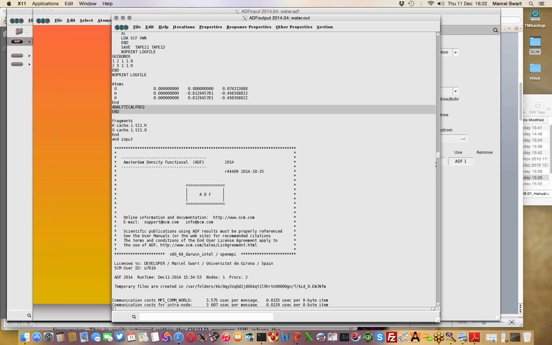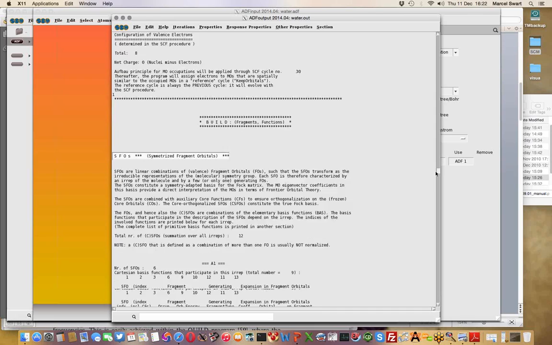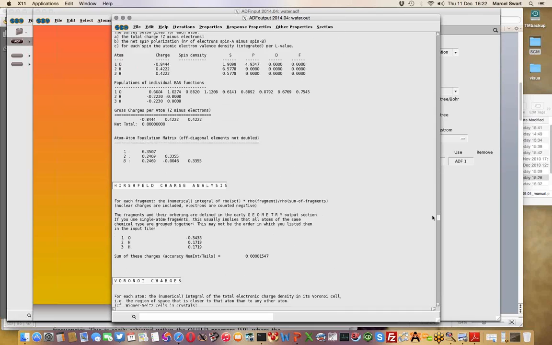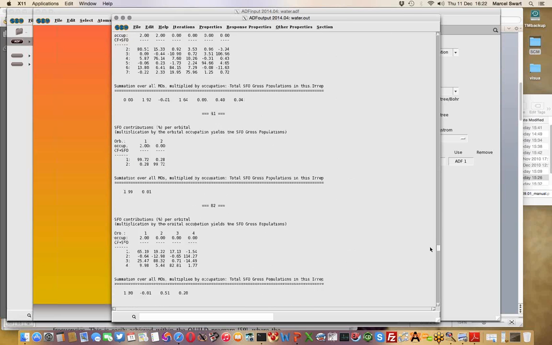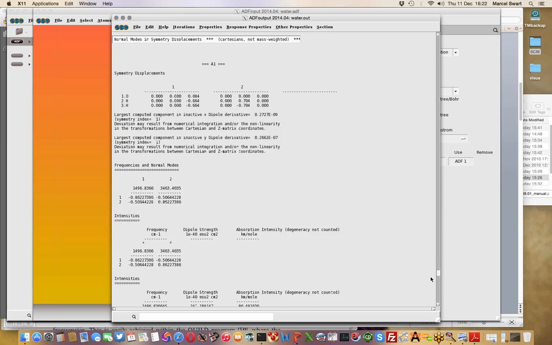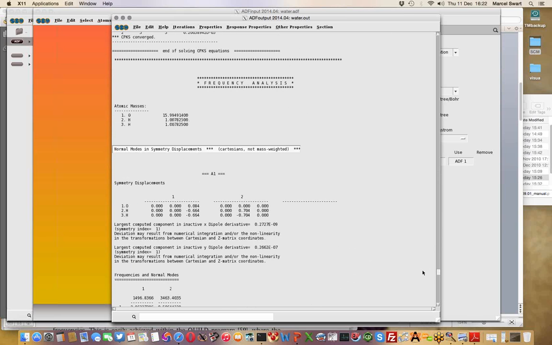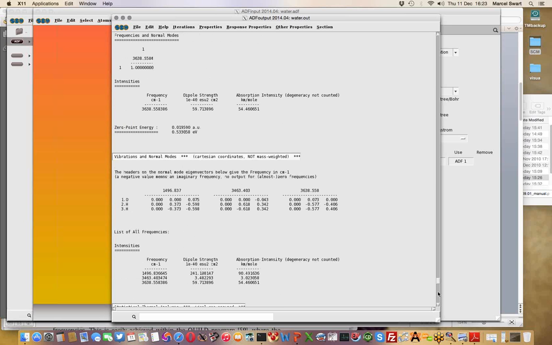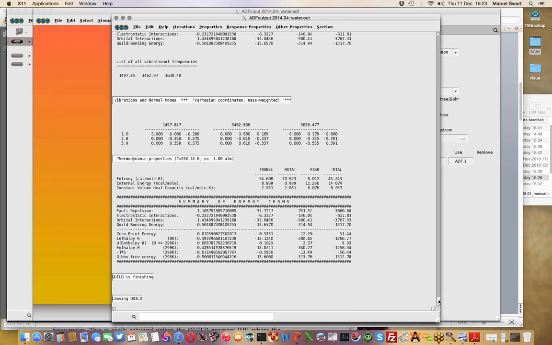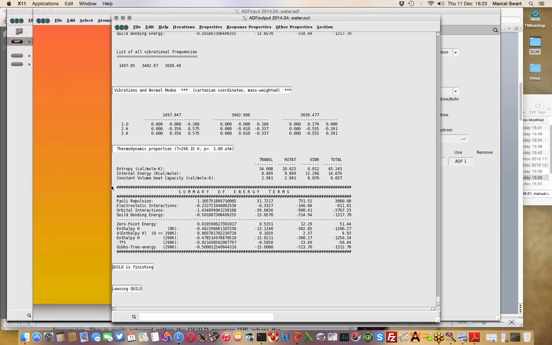By doing the analytical frequencies, you add this within your input. And apart from that, ADF calculates the frequencies as it does normally, as it has done here. So you get the frequencies for the water molecule. You also get, within the QUILD output, a summary of the energy terms.